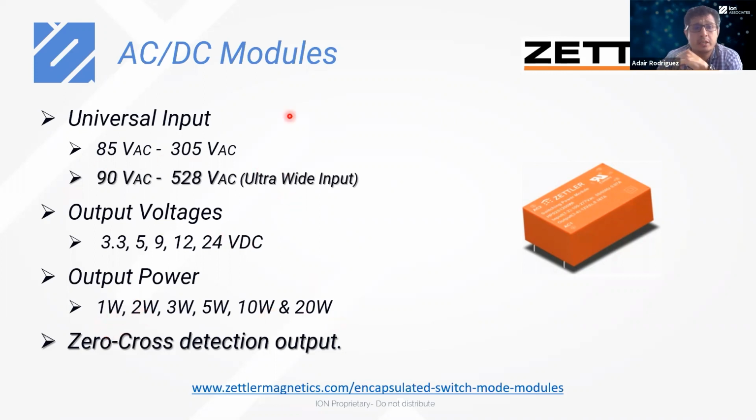In some cases we can identify series or families with universal AC voltage input, or new families that support more input voltage.